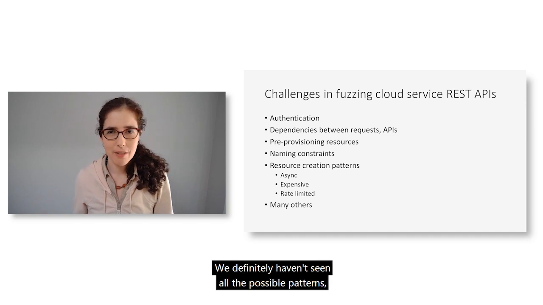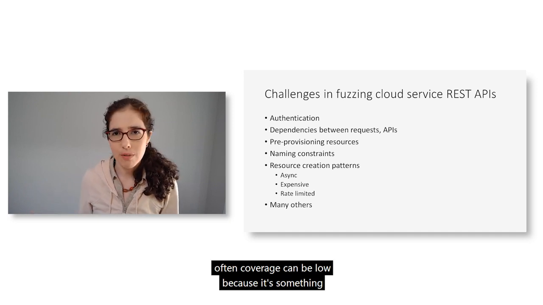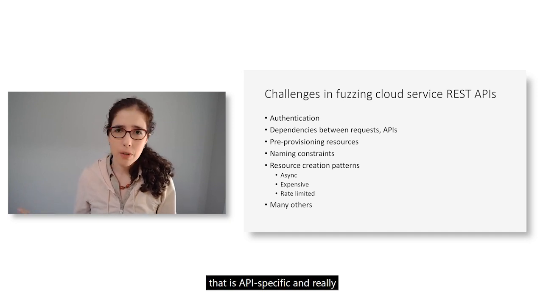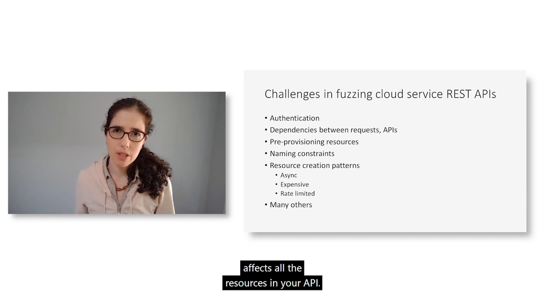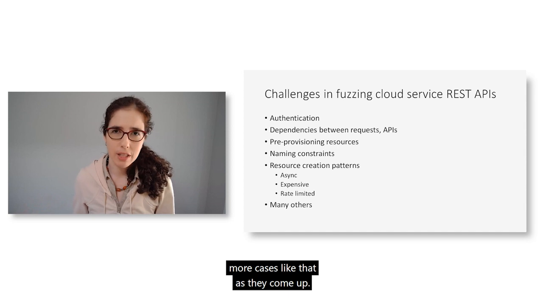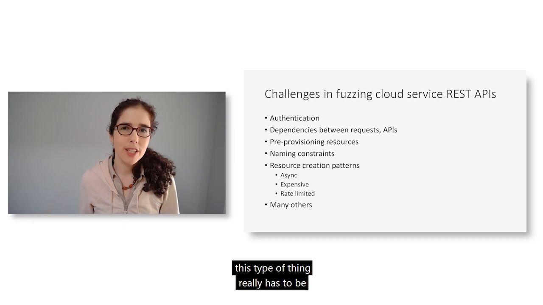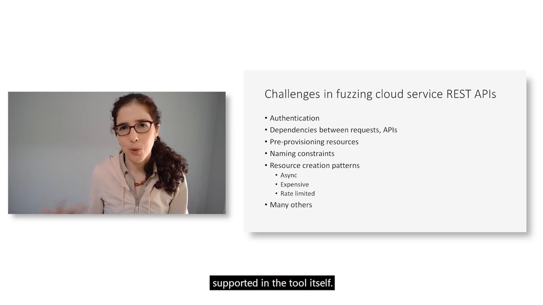We definitely haven't seen all the possible patterns, but this is an area where often coverage can be low because of something that is API specific and really affects all the resources in your API. And again, we're happy to support more cases like that as they come up. But a lot of times this type of thing really has to be supported in the tool itself.